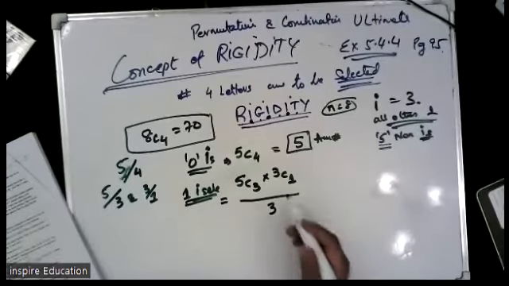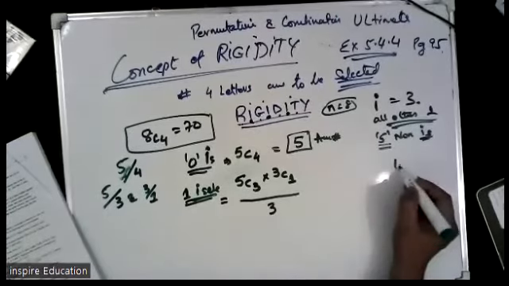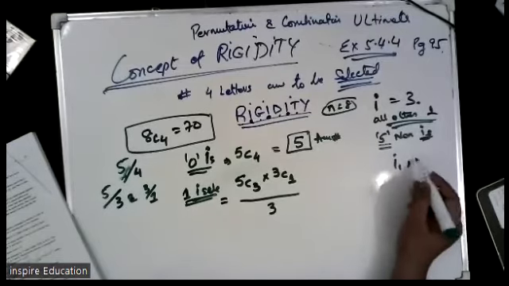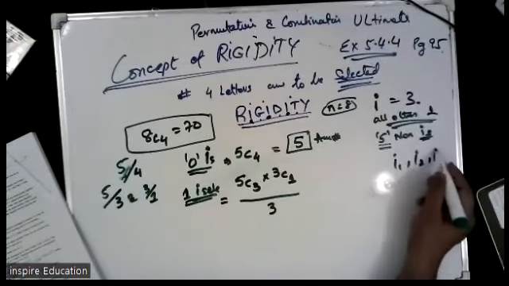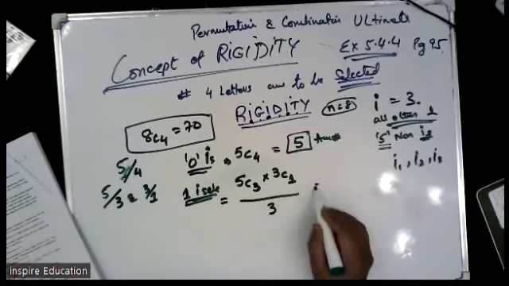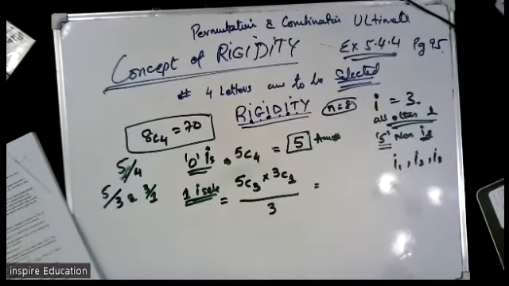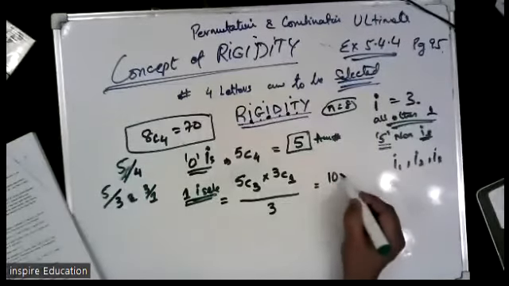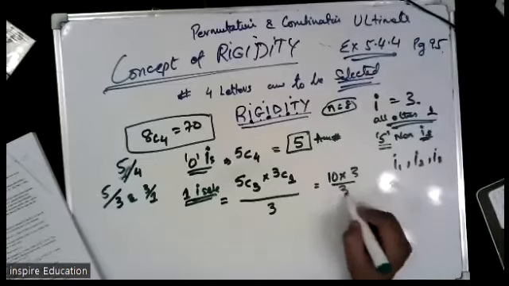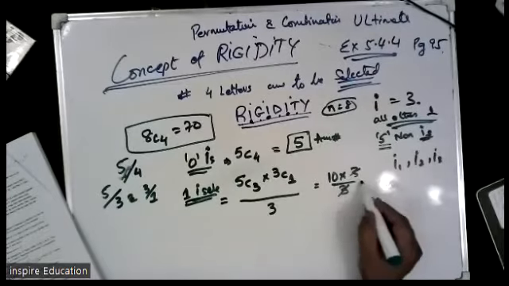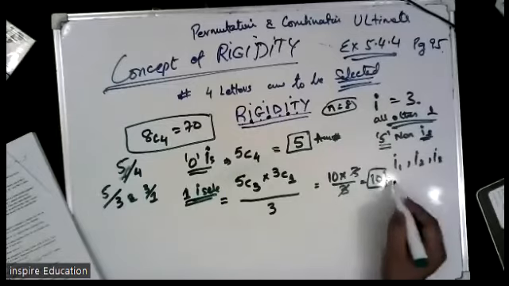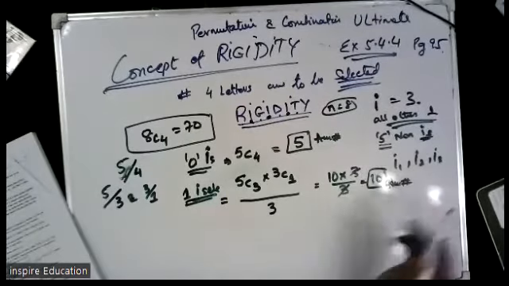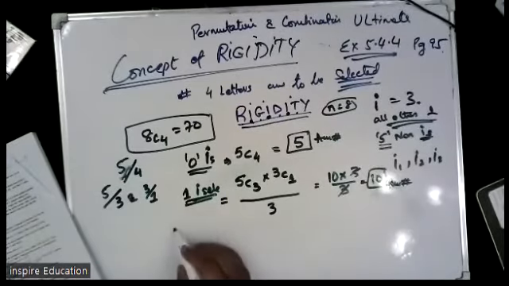You cannot distinguish eye number 1, eye number 2, eye number 3. So you have to divide by 3. That's 5C3. The answer is 10. 3C1 is 3 and you divide by 3. So there are not 3 selections, there is 1 selection. So the answer is 10. This is also part of the answer. 2 eyes selected.